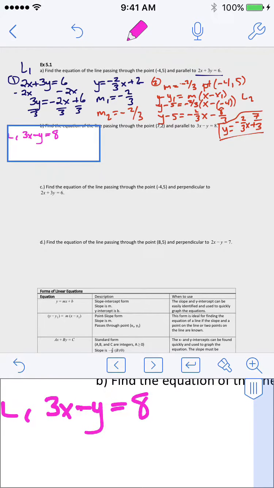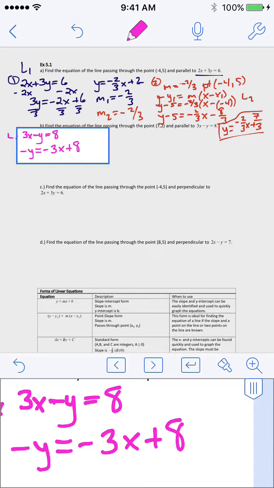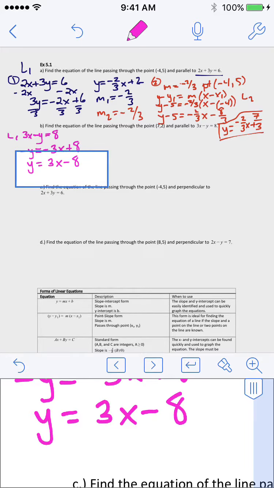I know I need the same slope, so we'll rearrange that. Negative y is equal to negative 3x plus 8. Subtract the x over. Divide everything by a negative so that y is positive. You get y equals 3x minus 8. So my slope here is equal to 3.